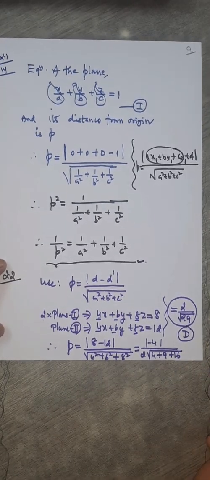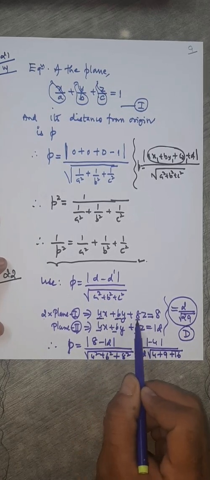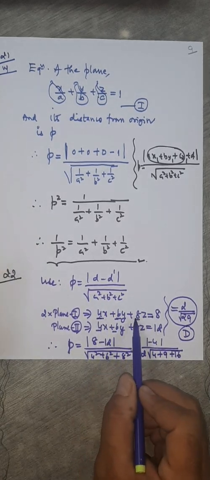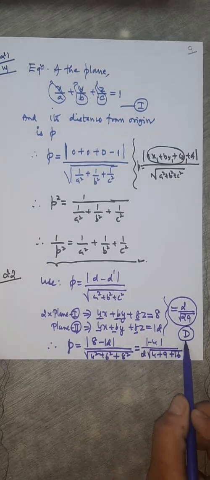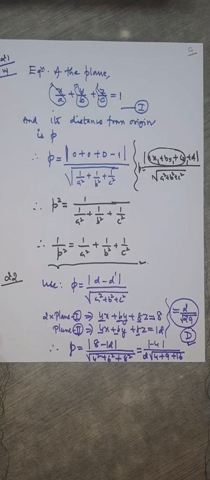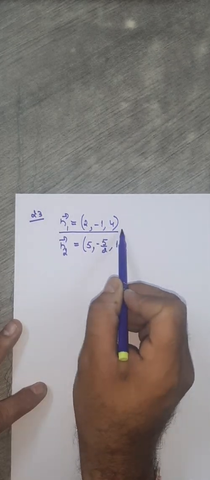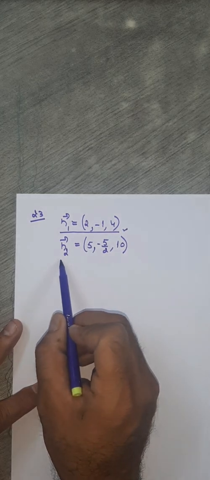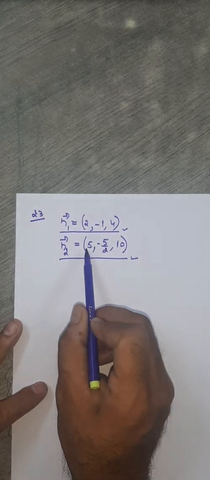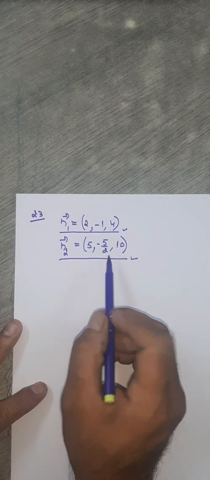The only important conclusion in this solution is that the coefficients should be the same. Remember, either you can multiply the first by 2 or divide the second by 2, whichever way you do. But this is the required distance. The last MCQ: you are given 2 planes. The normal to the first plane is the coefficients of x, y and z: 2, minus 1, 4. The normal to the second plane is 5, minus 5 by 2 (2.5 with a minus sign) and 10.